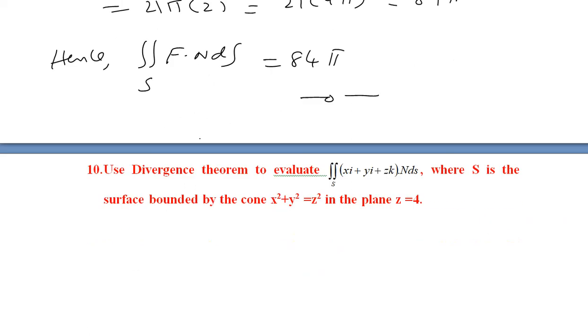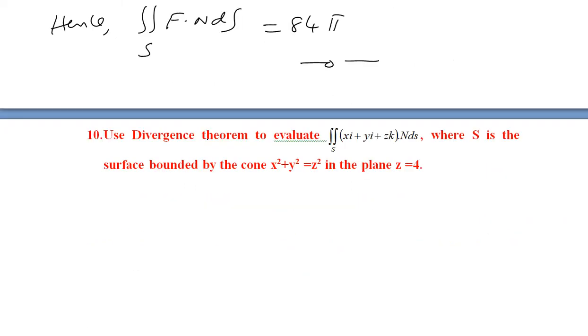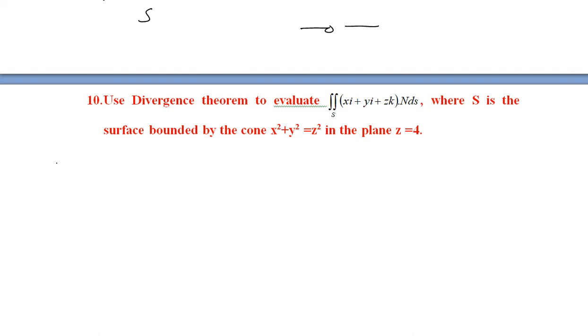In a similar way, this is also the same. Here f is given, same procedure. f equals xi plus yj plus zk.